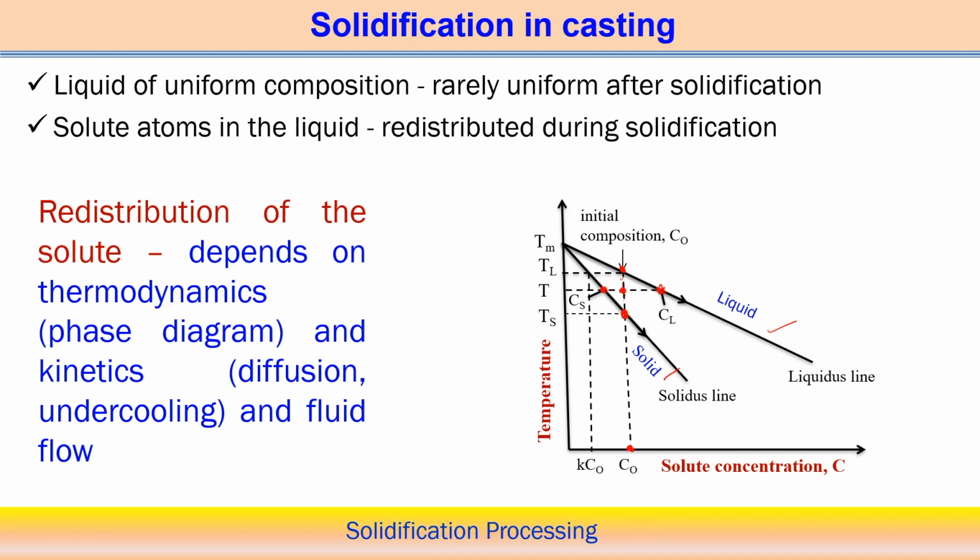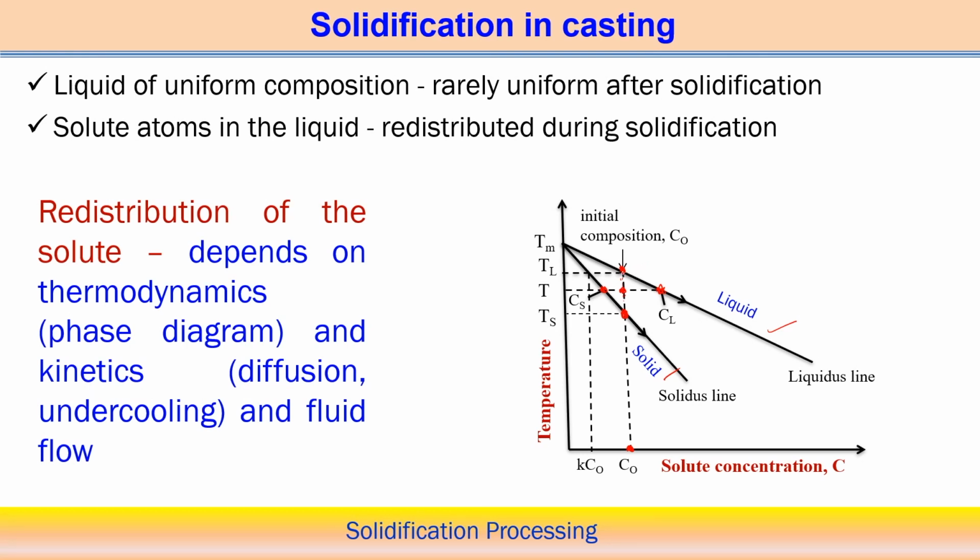Assuming there is no diffusion in the solid phase and the liquid phase, the liquid phase will follow the liquidus line and the solid phase will follow the solidus line.